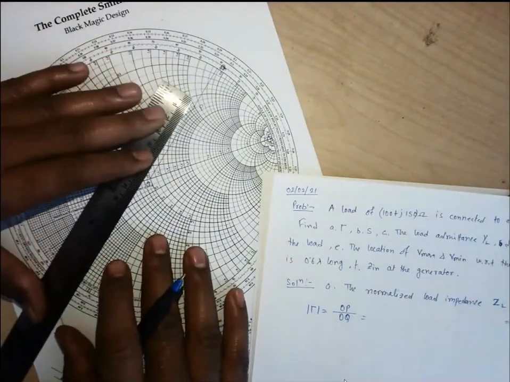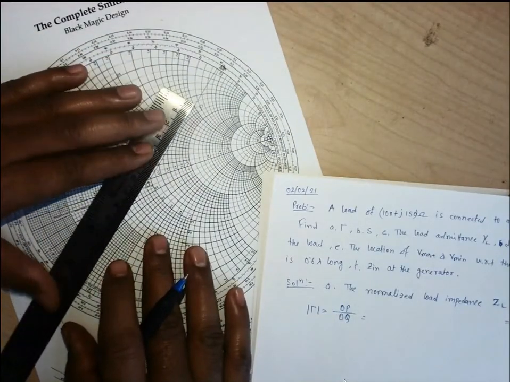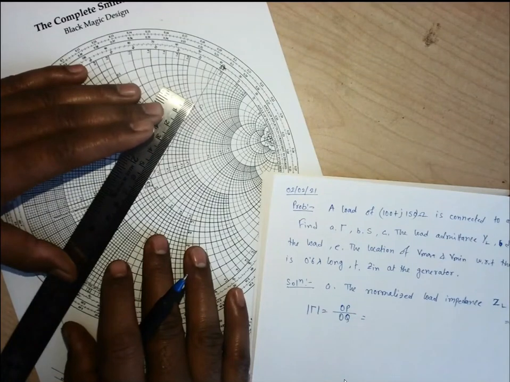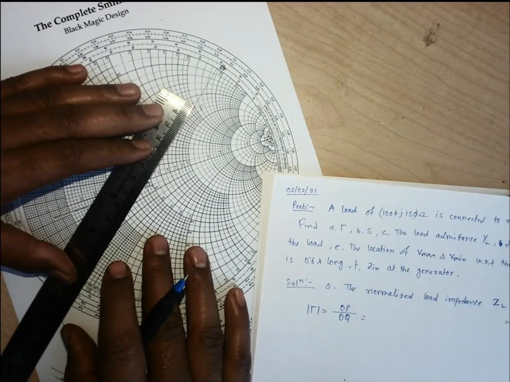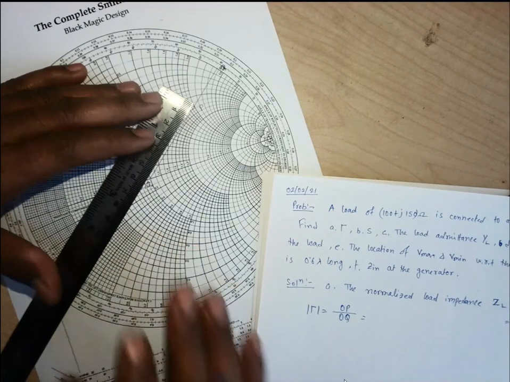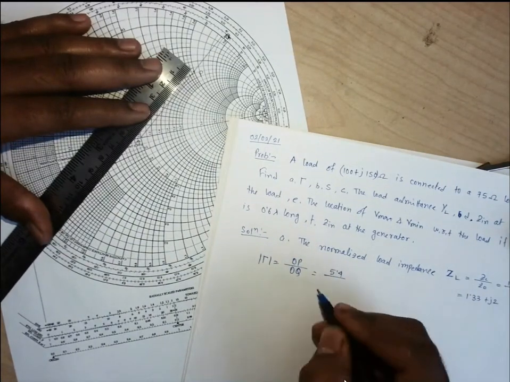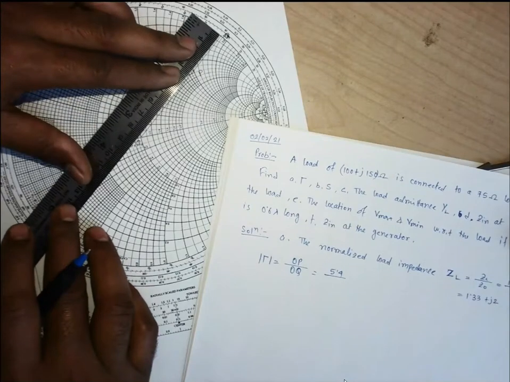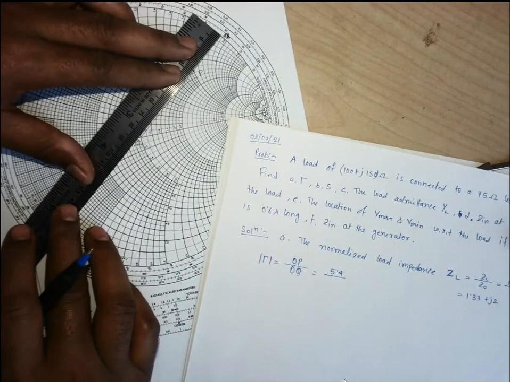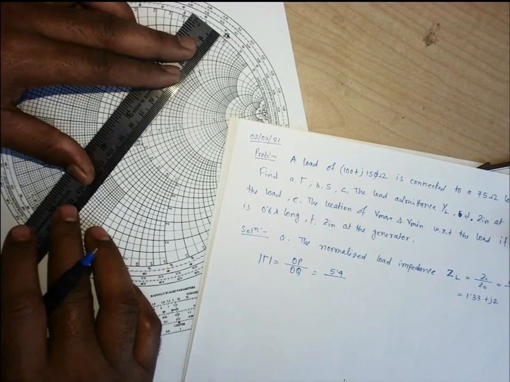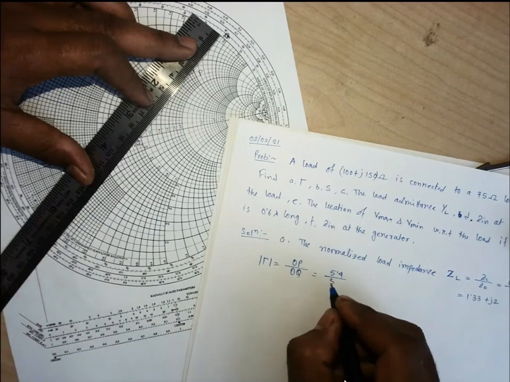OP is coming out as 5.4, and OQ, this total distance, is approximately 8.1.